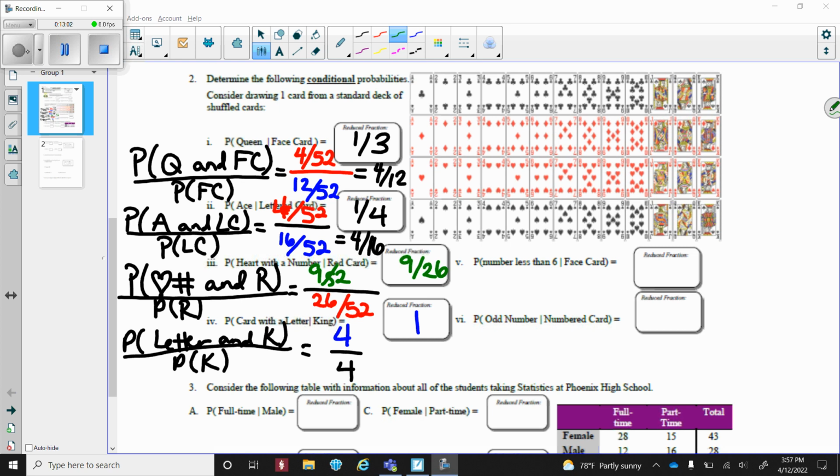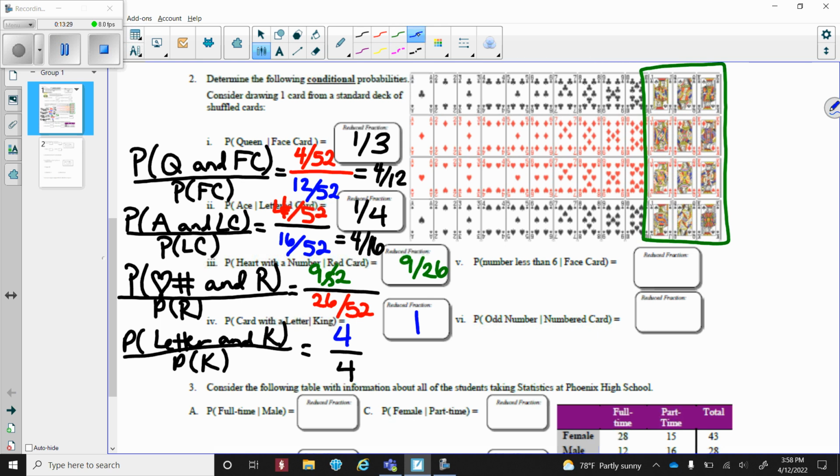Let's look at question 5. We have the probability that a number is less than 6 given that it is a face card. So face cards have faces on them. There are these numbers over here, Jack, Queen, King. These are the highest cards you can have, although some people say that the ace is the highest card, but we're looking for a number less than 6.